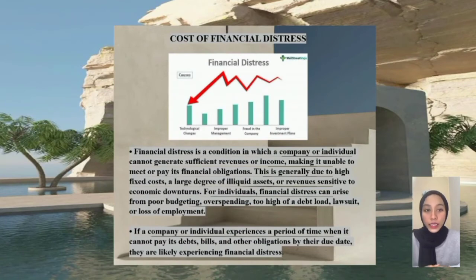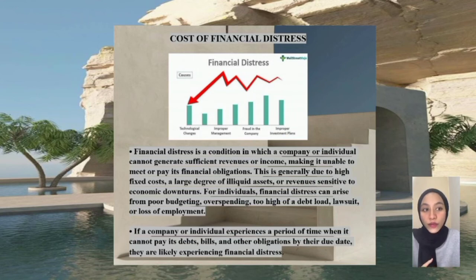Cause of financial distress. Financial distress is a condition in which a company or individual cannot generate sufficient revenues or income, making it unable to meet or pay its financial obligations. This is generally due to high fixed costs, a large degree of illiquid assets, or revenue sensitive to economic downturns.